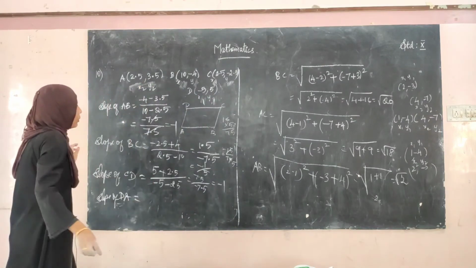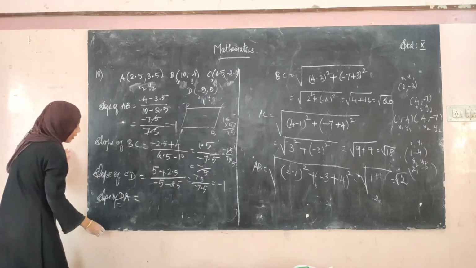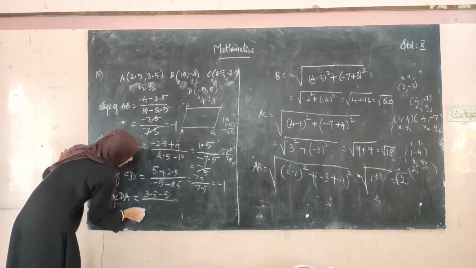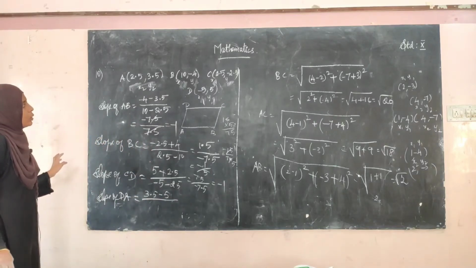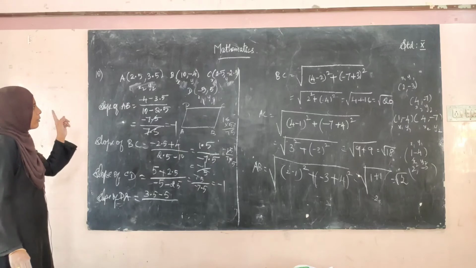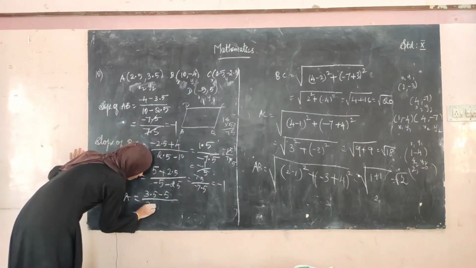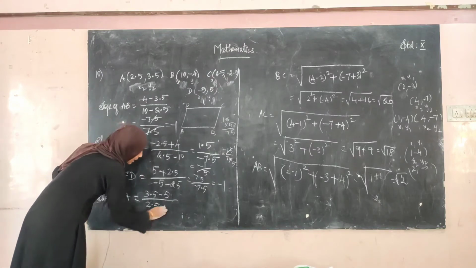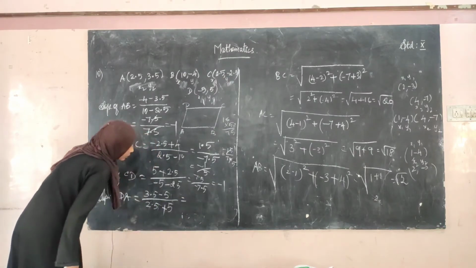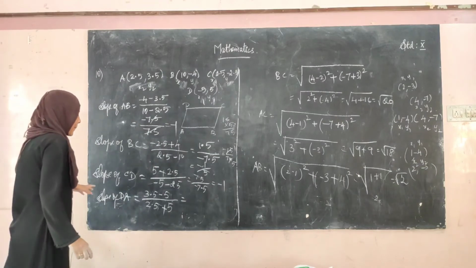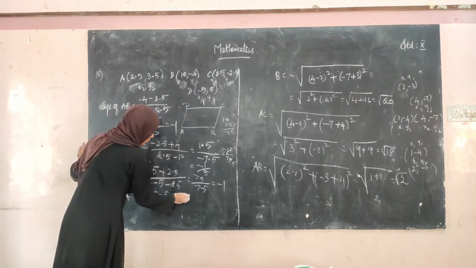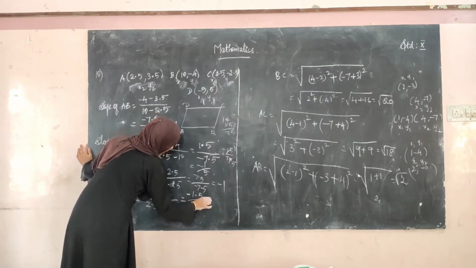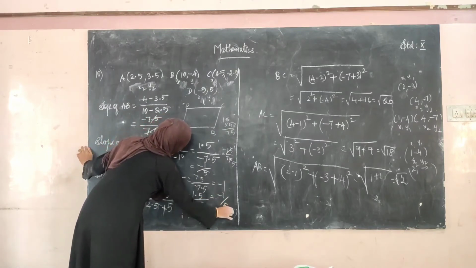So y2 minus y1 is 3.5 minus 5, right? 3.5 minus 5 divided by x2 minus x1. x2 is 2.5 minus, and again there is x1 which is minus 5. So minus of minus it becomes plus, equal to, it is minus 1.5, right? Minus 1.5 divided by 7.5. Again it is equal to minus 1 divided by 5.